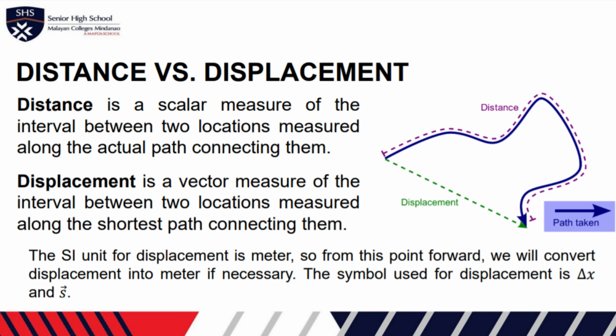Now, the SI unit for displacement is meter. Do not forget that one. Since we are talking about path, since we are talking about distance, we're talking about direction, this one can be expressed through meters. So from this point forward, we will convert displacement into meters if it is necessary.